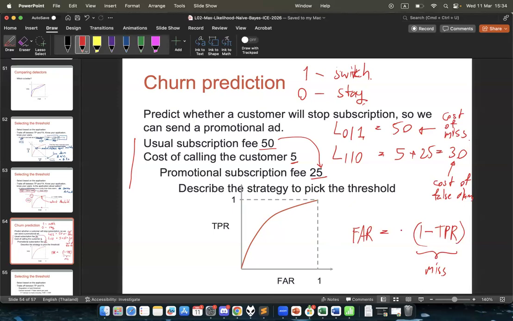So it's 50, 30. So this has to be true. Or in other words, the line will be 30 divided by 50, x equals y, 1 minus y.